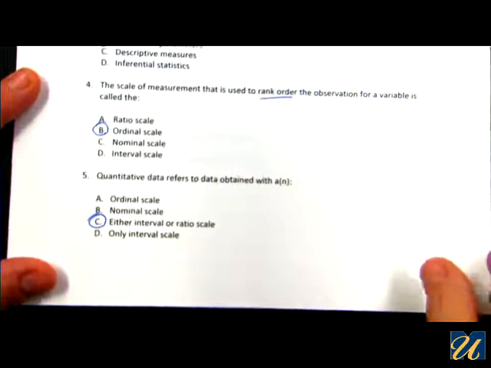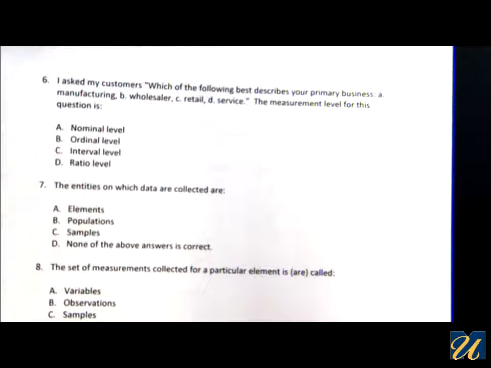So C is the correct answer. I asked my customers which of the following best describes your primary business. A, manufacturing, B, wholesaler, C, retail, D, service.